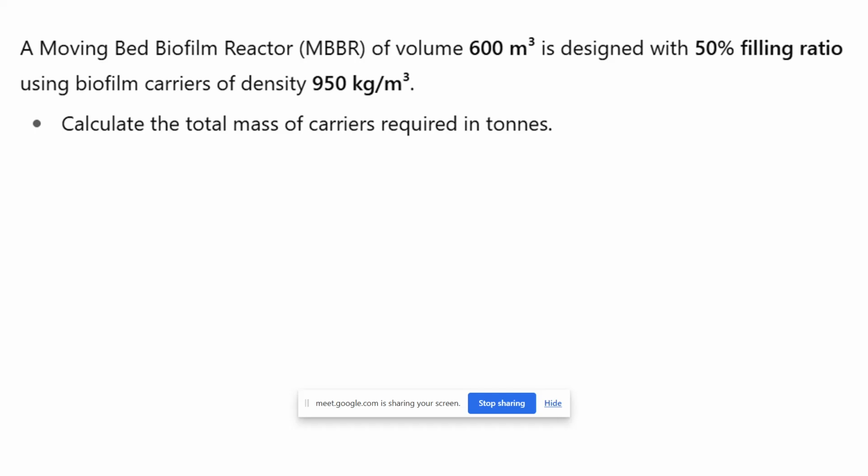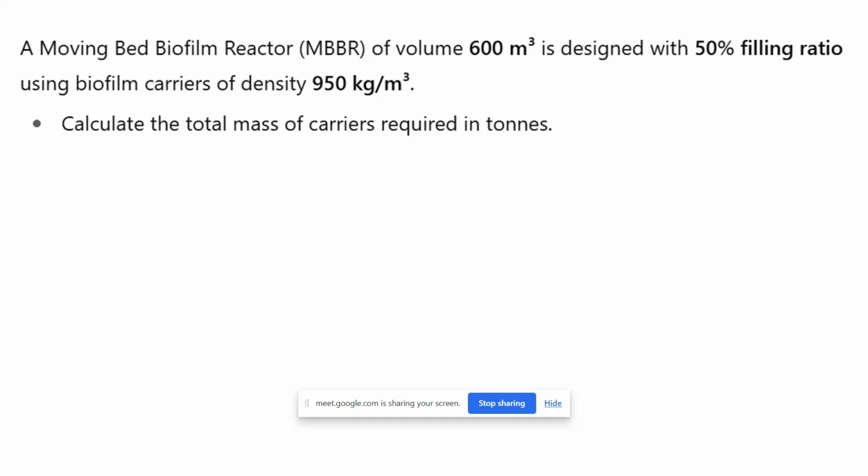Now we have to calculate the mass of the carrier required. This is the total volume of the reactor. In the total volume of the reactor, 50% is filled with carrier.